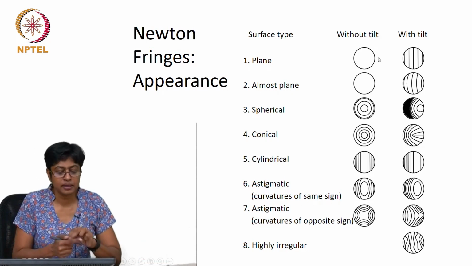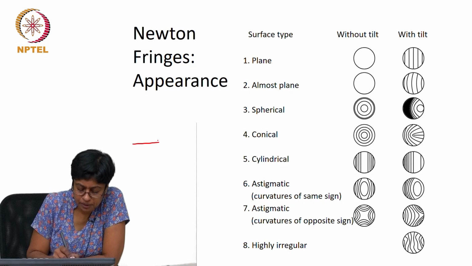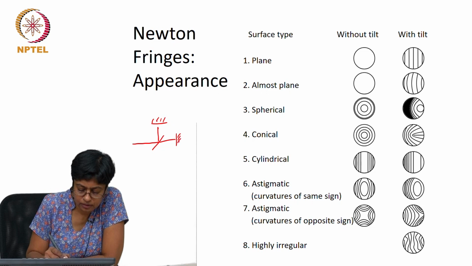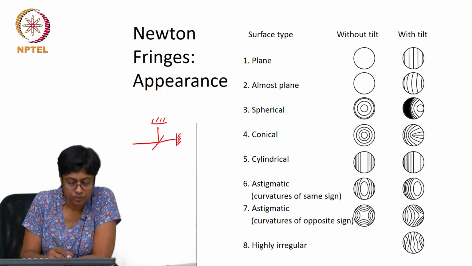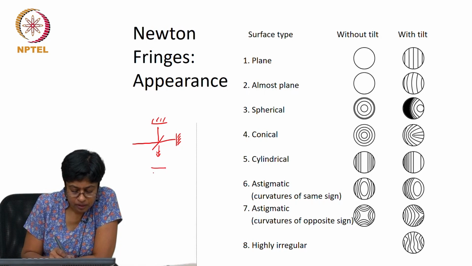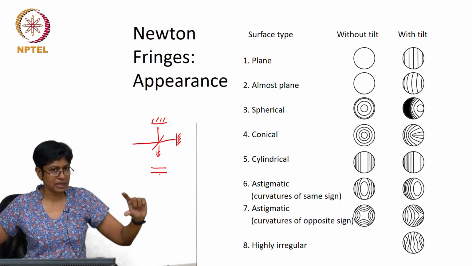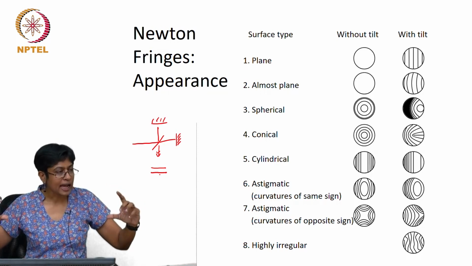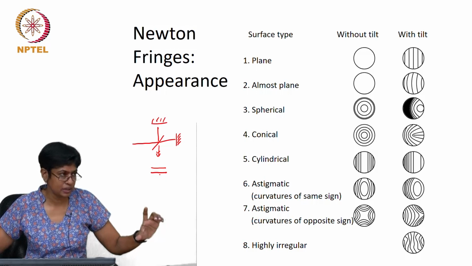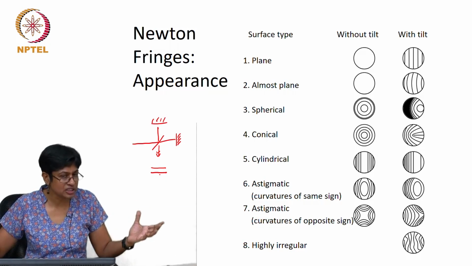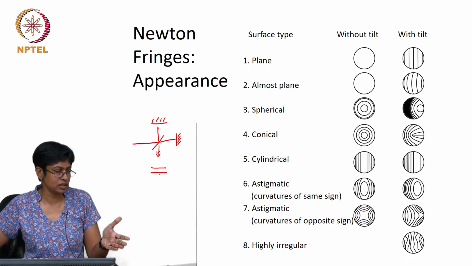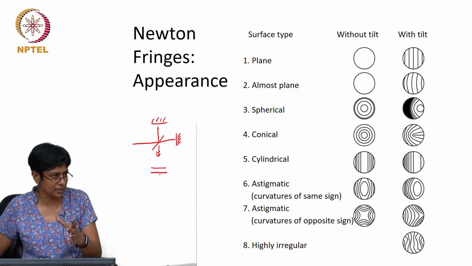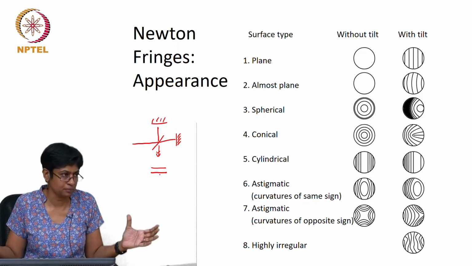So we said in the Michelson, you have a beam coming from the source, you have a beam splitter, you have a mirror, you have another mirror, and if these two mirrors are perfectly perpendicular to each other, the wavefronts coming from them are going to have an equal spacing between them. And since the spacing is everywhere equal, you're not going to see fringes because there's no difference in path length. You see constructive or destructive interference because of the change in the path length. If the path length is the same everywhere, I'm not going to see that.